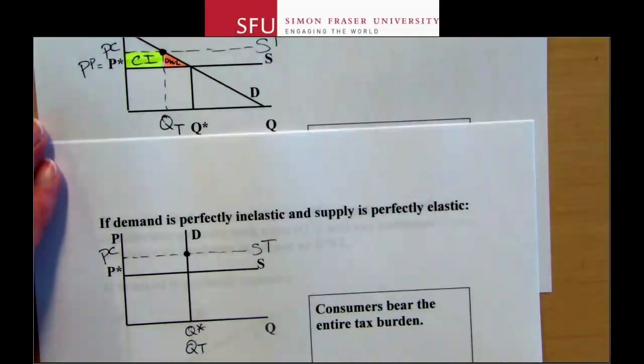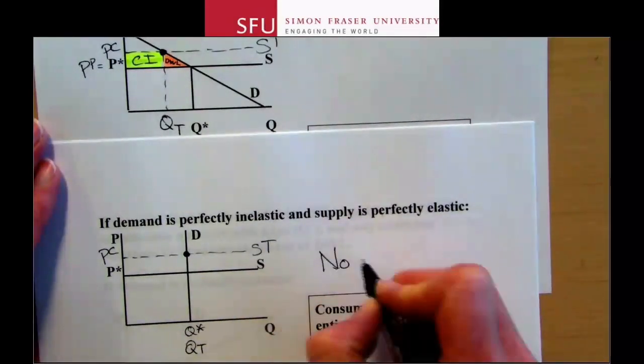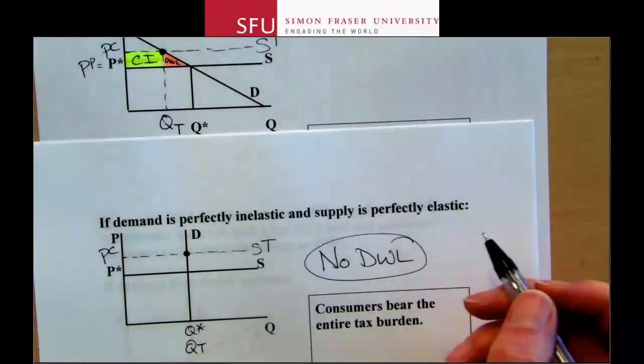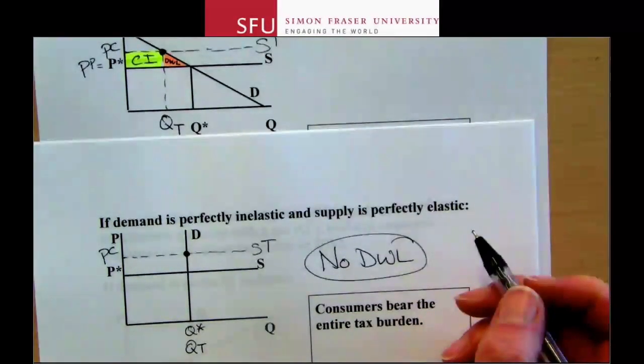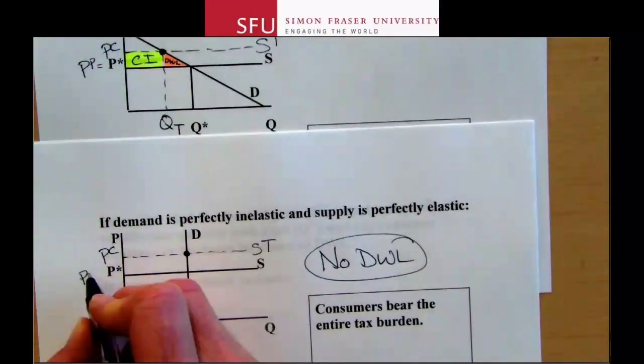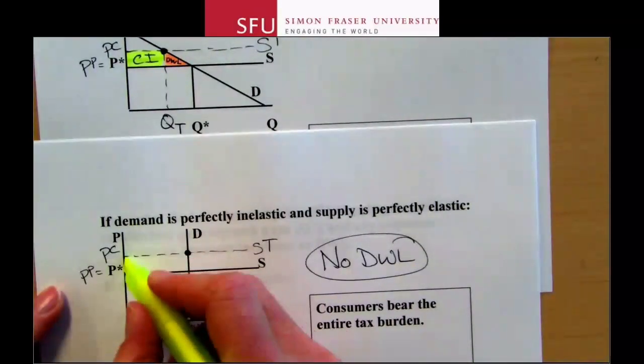And because the quantity does not change, then there's no deadweight loss. And the producers are just as well off as they were before because they will continue to get the same price. And so who pays the higher price? Just the consumers.